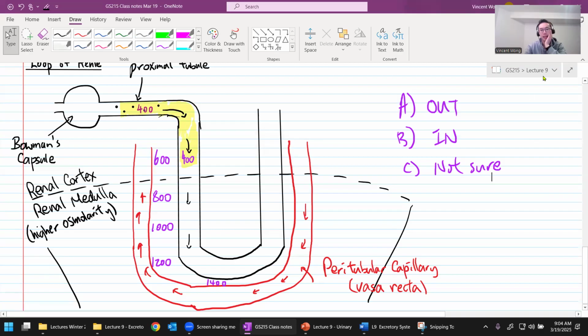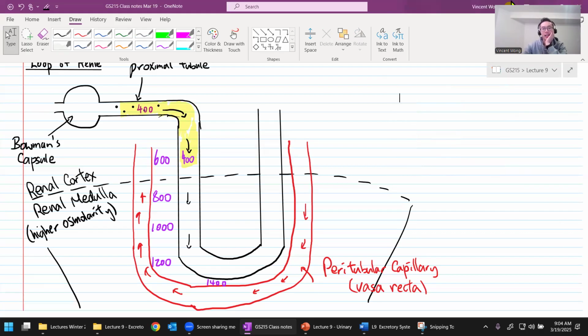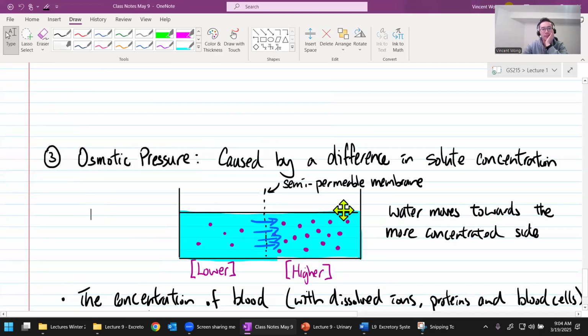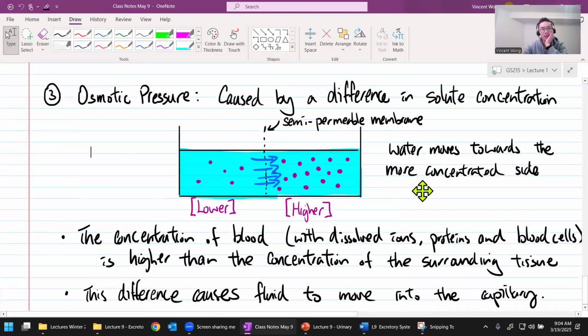Okay, I can see people are very confused. That's okay. I am confused too. Let's go over here again. Do you remember this picture, maybe? Look, all these purple dots are solute.